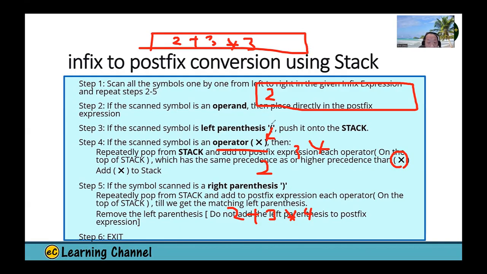Then you see a plus sign, and the stack has nothing, so you just push it into the stack. Then you see a 3, so you put the 3 in the output, and then you see a star. You deal with the 4, and then you pop out the operators to put them together.